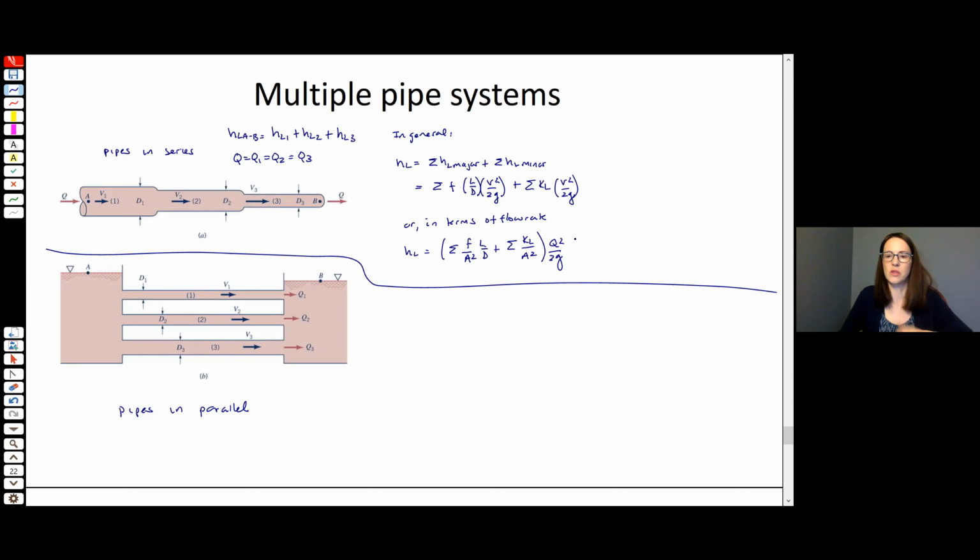So that's for however many pipes you have in series. That's all pretty straightforward and intuitive, right?